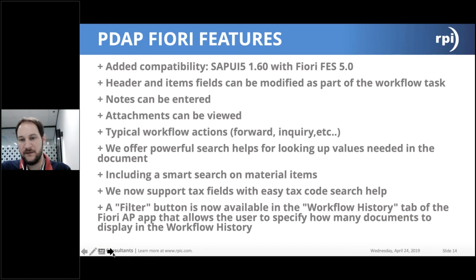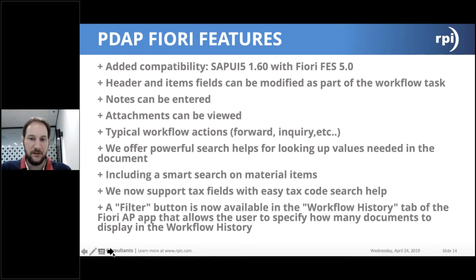And this will also give the user the possibility to choose how many documents they want to see in the workflow history. So for example, this user can approve 100 documents, but say, okay, in my workflow history I just would like to see the last 10 or 20 documents that I approved.